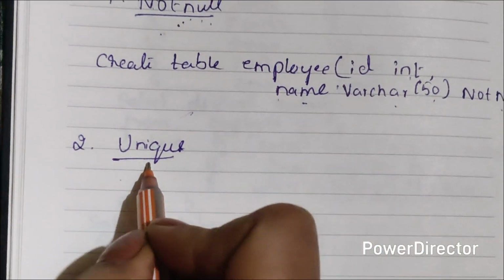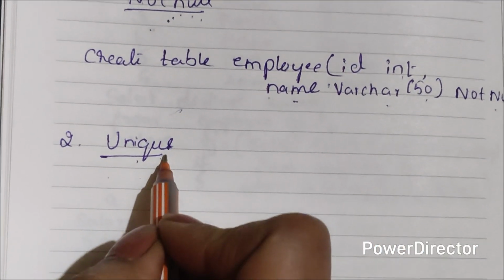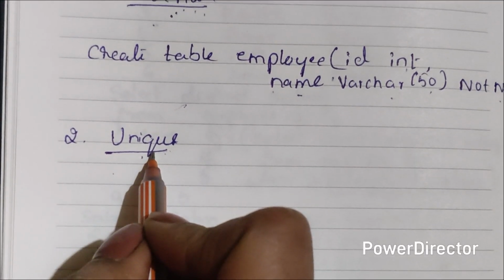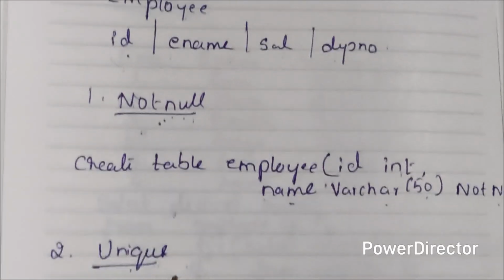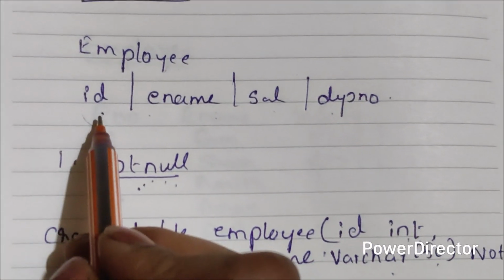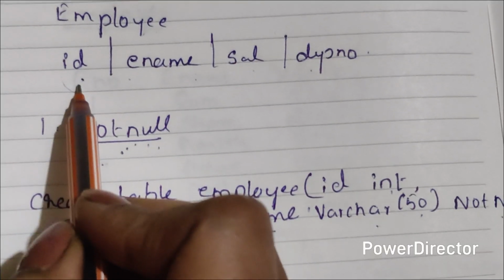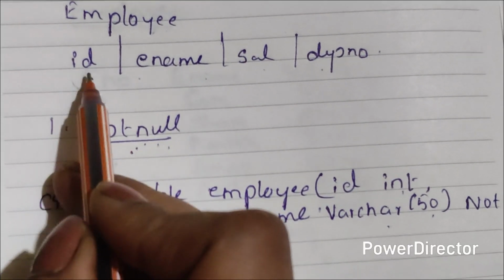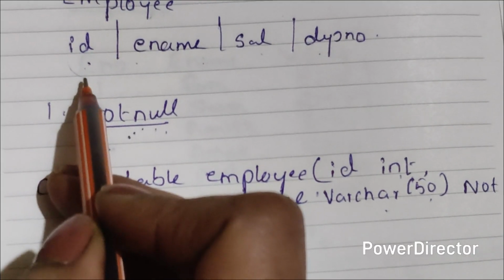The second constraint is the unique constraint. Constraints are nothing but the restrictions or conditions. This constraint will check for duplicate values. Suppose in the employee table, if you make ID unique, then you should not enter any duplicate values.